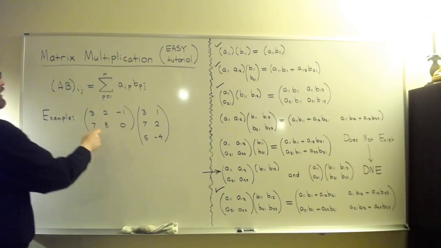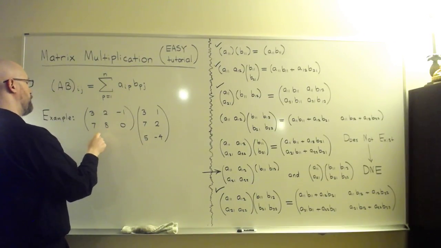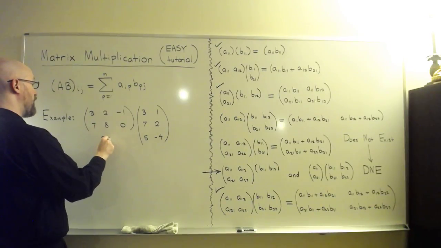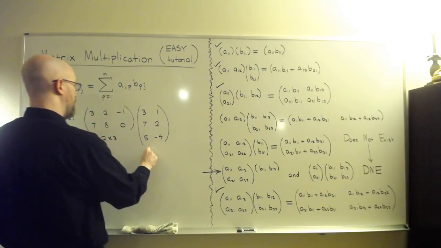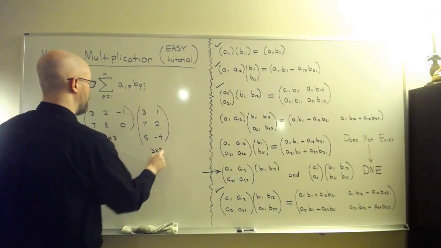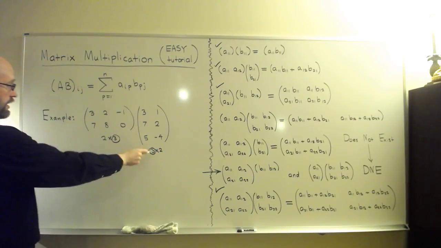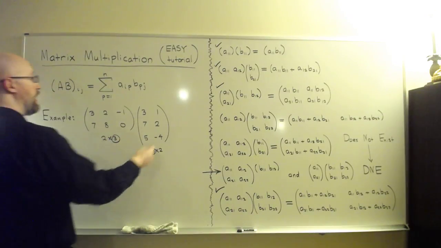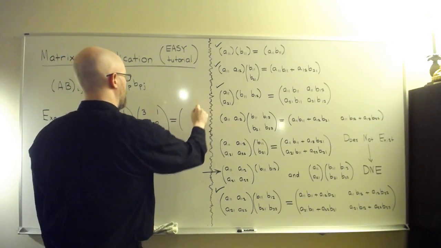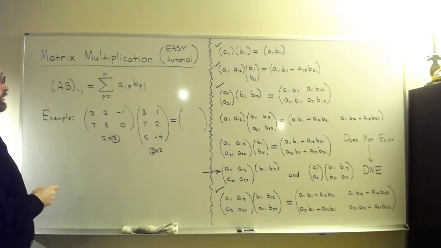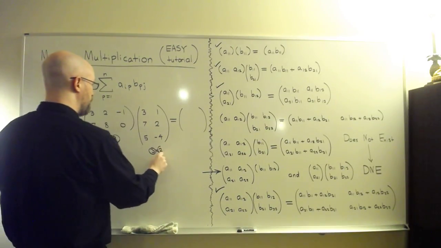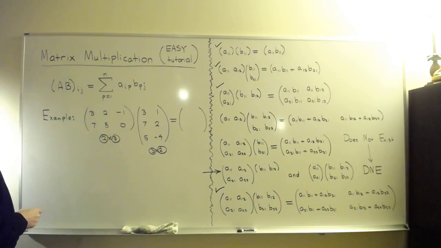So this is 2 rows, 3 columns, 2 by 3. This is a 3 by 2. And so we know the middle numbers match up, so the product will exist, and the size will be a 2 by 2. We know that has to be the case, because that's the outside numbers, the 2 and the 2 here.